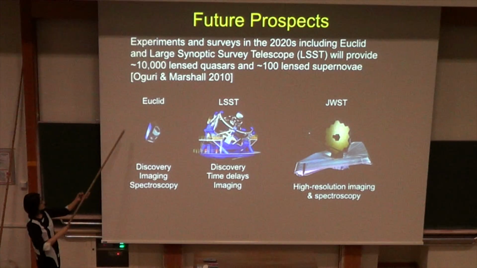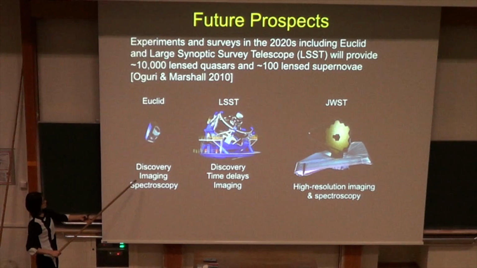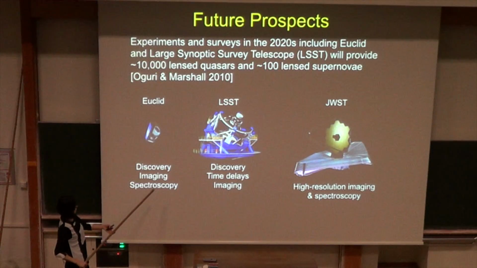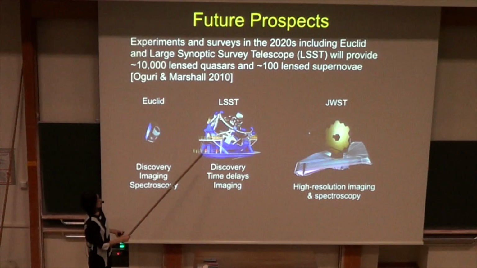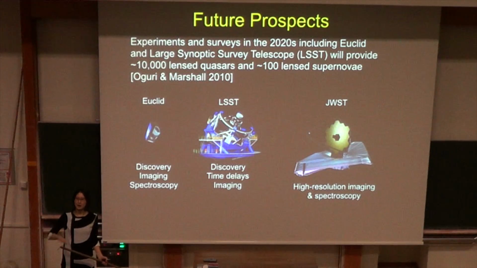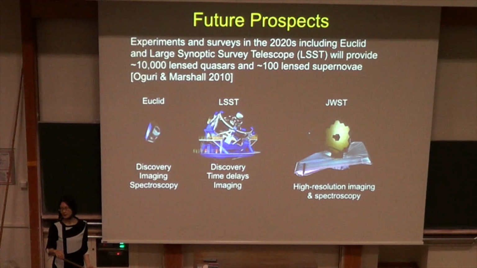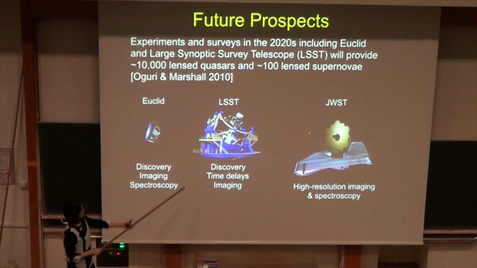Euclid here is a space mission that will be great for discovery, imaging, and also for spectroscopy. And LSST is a cadenced imaging survey. It's going to observe the entire southern sky every few nights, so 20,000 square degrees every few nights, making a movie of the southern sky essentially for 10 years. This will be great for discovery.